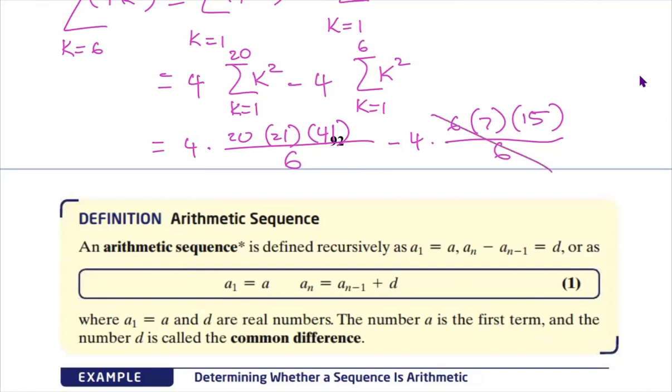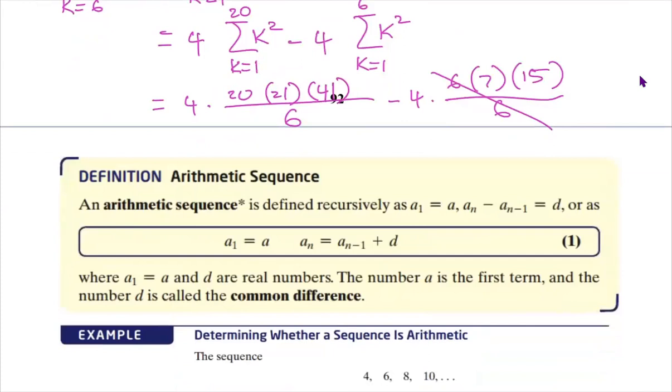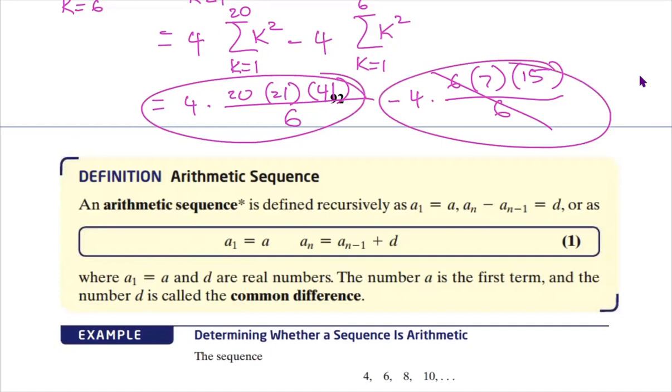We can cancel the 6 here, and do this one and this one with the 6 canceled.